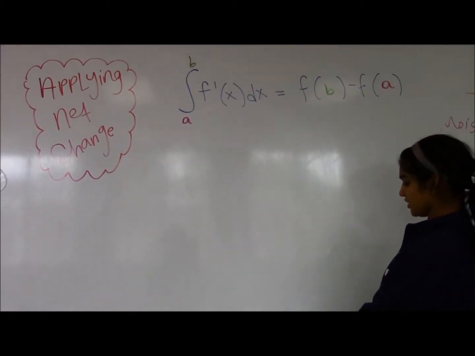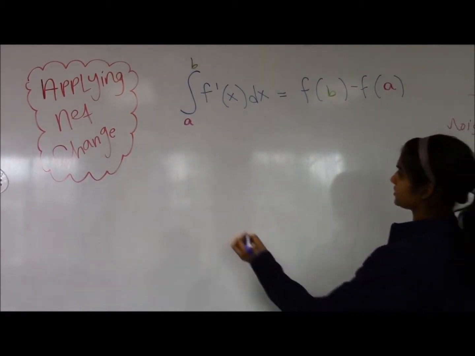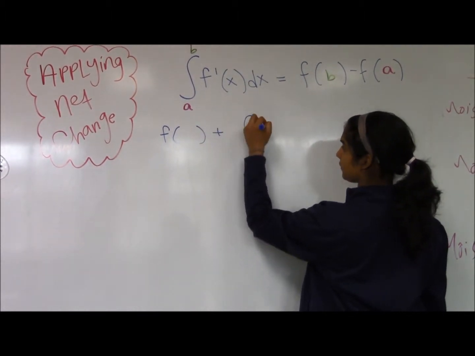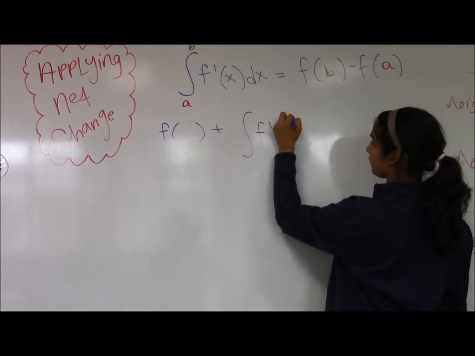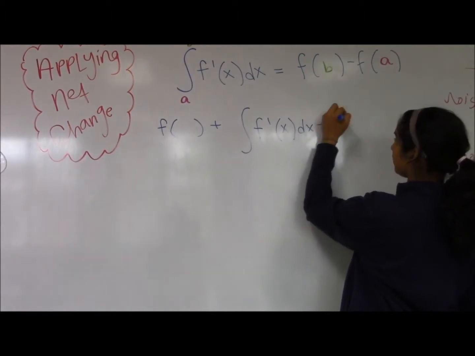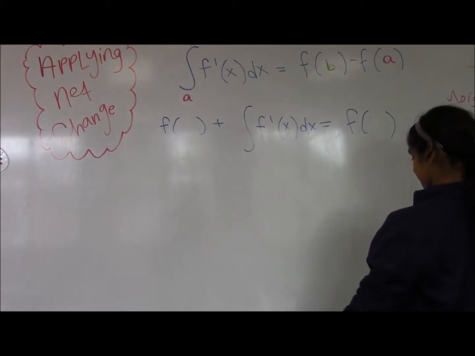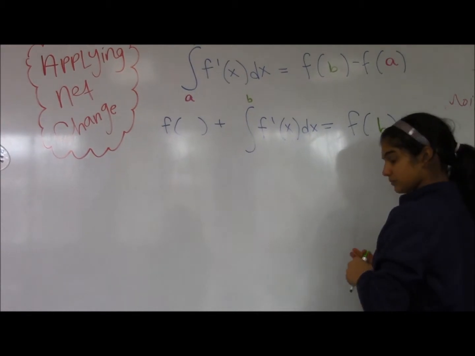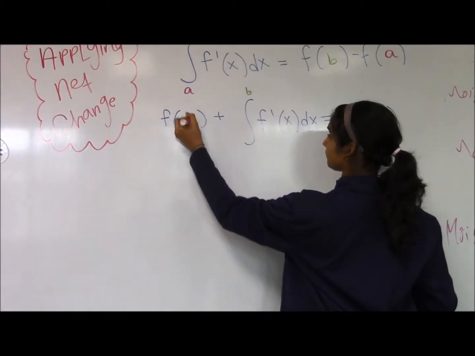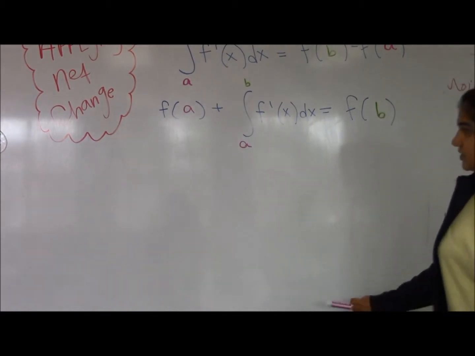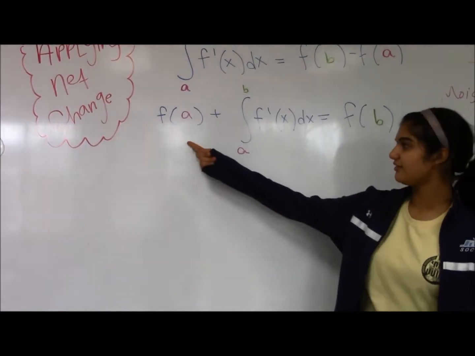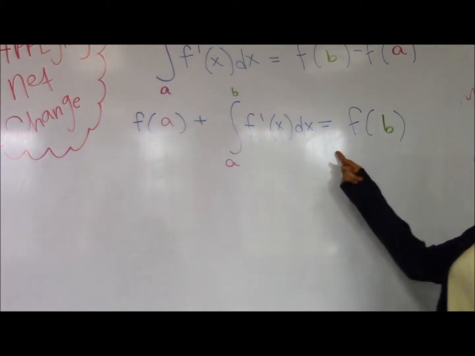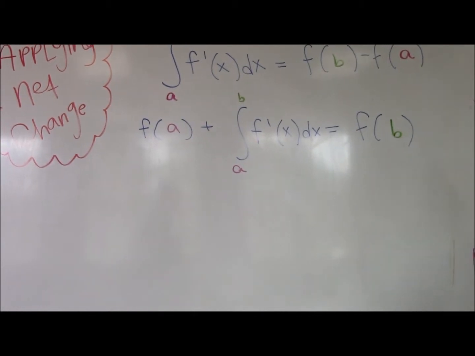And when you rearrange this, you get the more familiar version, which is the net change equation: f of a plus the integral from a to b of f prime of x dx equals f of b.